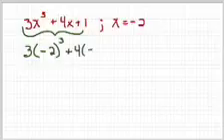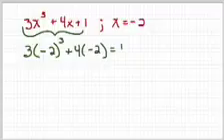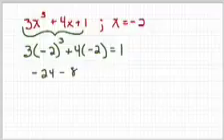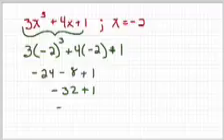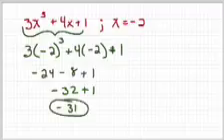If there's an x, we replace it with a -2, and then we solve that. Well, -2 cubed is -8, so we get -24 minus 8, I should say plus 1, that's -32 plus 1, or -31. So we've evaluated it and came up with that answer.